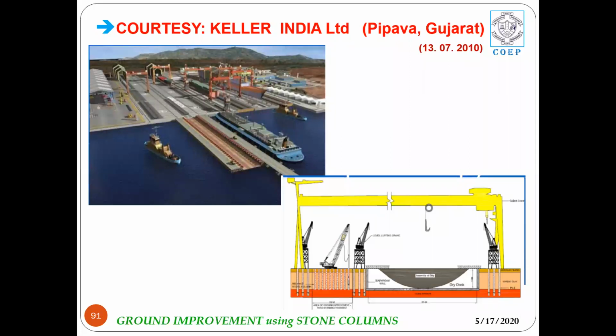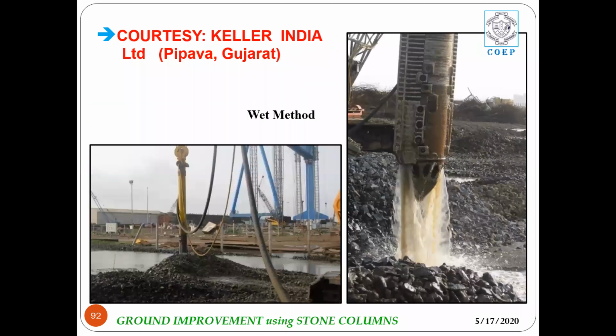At this site, both methods were adopted, and we were fortunate enough to have a look at both the methods at the site. Here the probe, water jet coming out, and the inserted position of the probe at the site.